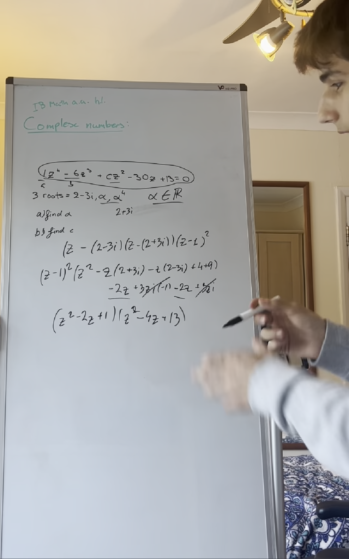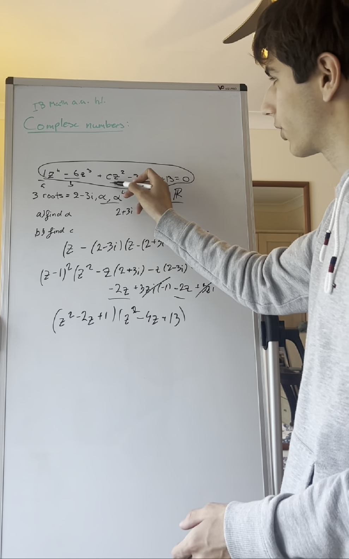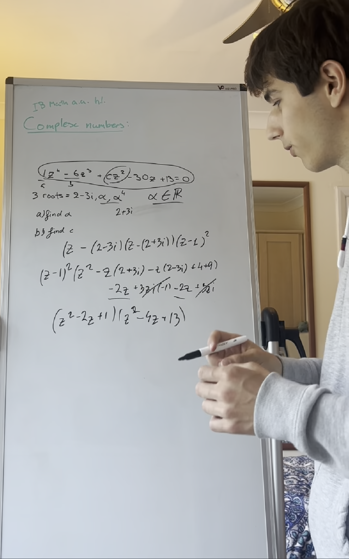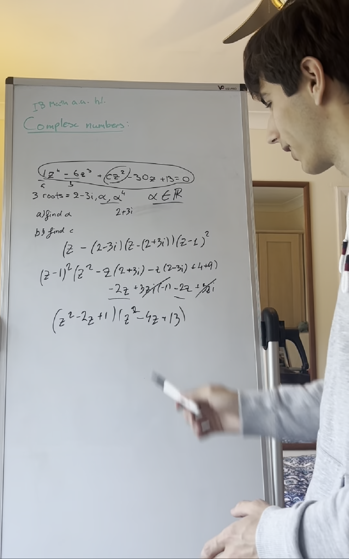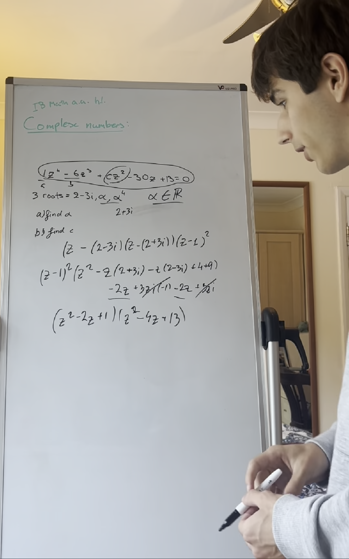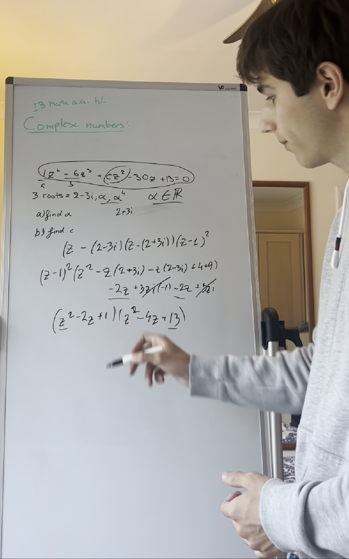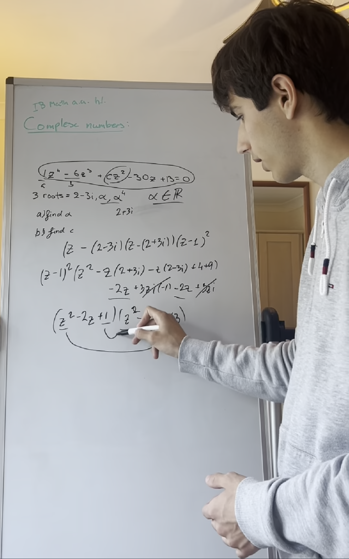And here we don't have to actually expand the whole thing. What we can do is we're looking for the coefficient of the z squared term. And so we want to know what ways there are to get z squared from this product. We can have the product of z squared times 13. We can have the product of 1 and z squared.